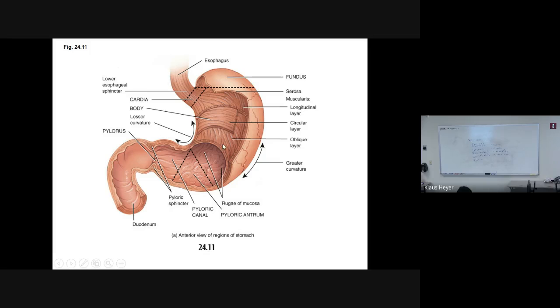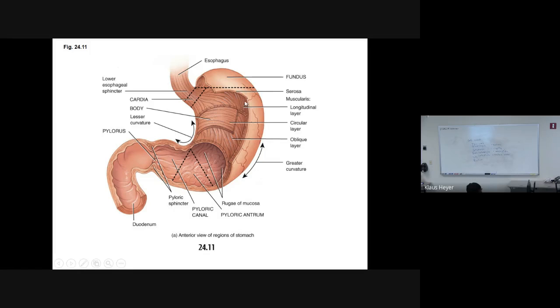And then you notice here there are 3 layers of smooth muscle. Your whole GI tract, the muscularis, has 2 layers, circular and longitudinal. That's everywhere: your esophagus, your small intestine, your large intestine. But the stomach has a 3rd layer of muscle called the oblique, or diagonal, layer.